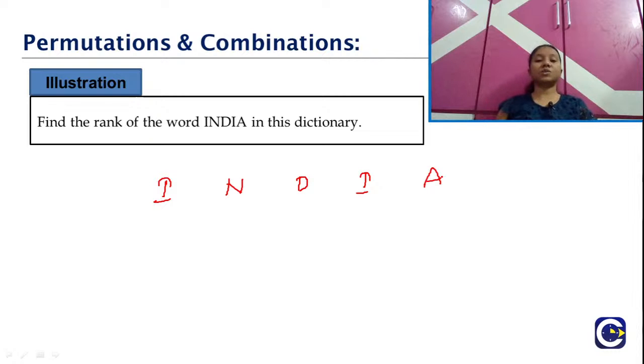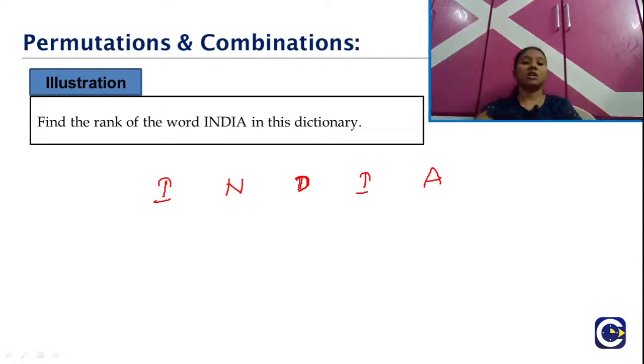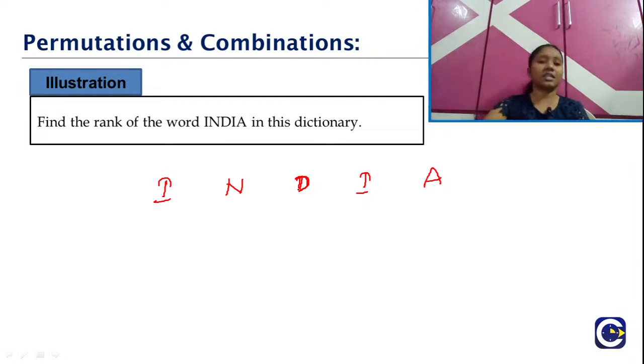So here in this word India, there is one letter which is repeating, that is I. So the procedure as well as the steps will be the same as how we have done in the previous one. So this will be an easier one as the letters are fewer compared to our previous words. So you can do it simply, easily, and let me know the rank of this word India.